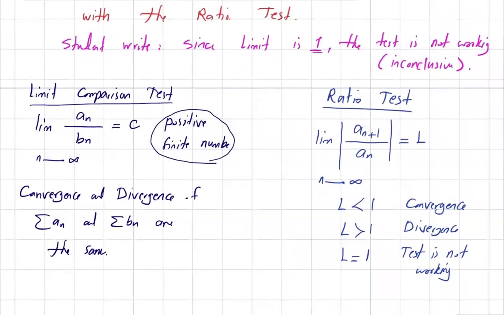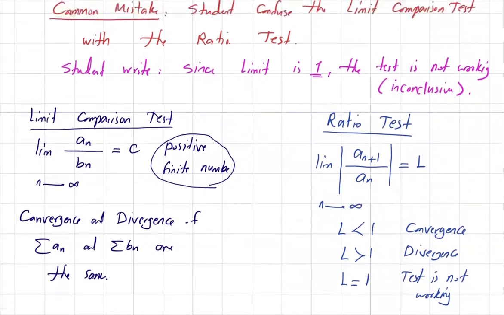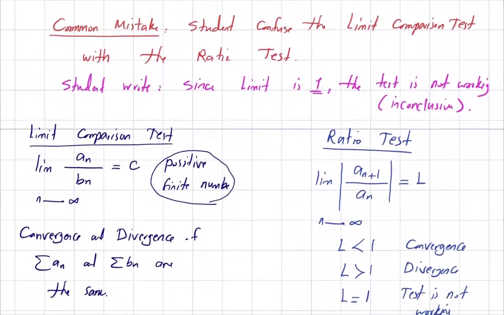So you're taking the ratio of the general term in consecutive terms and finding the limit. If the limit is equal to 1, the test is not working, inconclusive. So it's a common mistake on the exam that we see students taking this limit and saying the test is not working here, which is not correct. If you're using limit comparison test, please be careful, do not confuse it with ratio test.